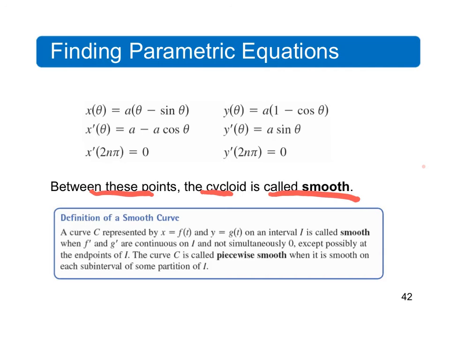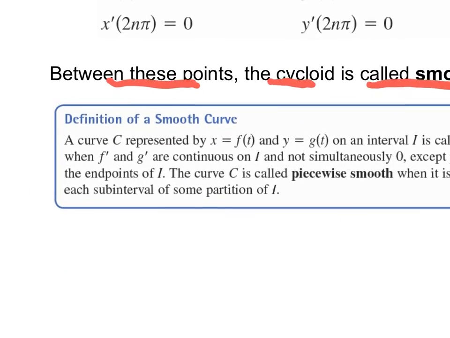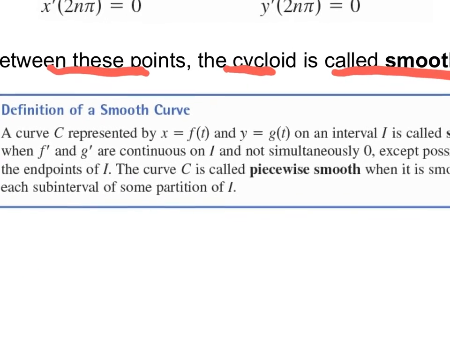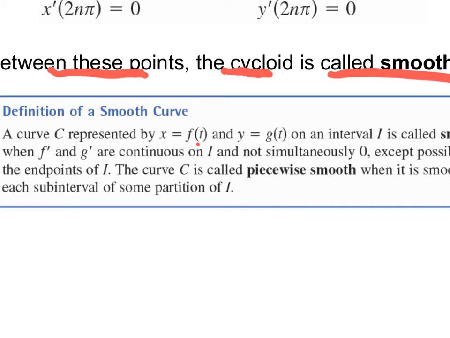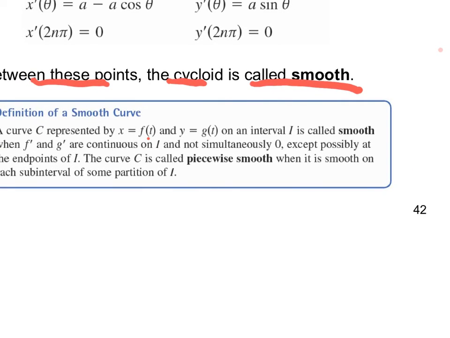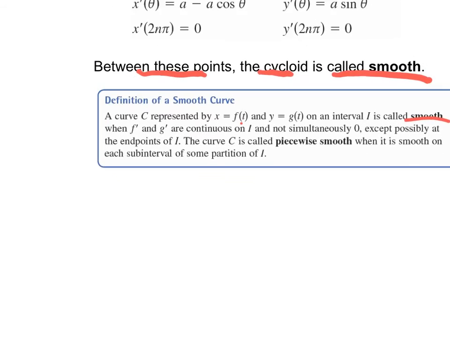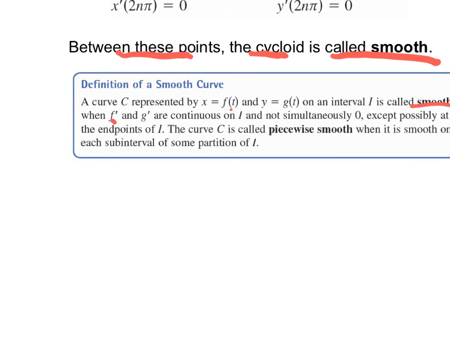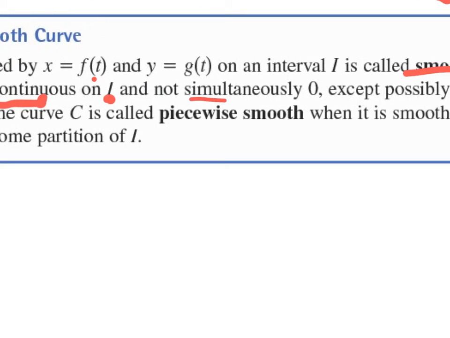Why does he have to tell us that? Because here's the definition of a smooth curve. A curve C is represented by x equals f of t and y equals g of t on an interval I is called smooth, where f prime and g prime are continuous on the interval and not simultaneously zero.